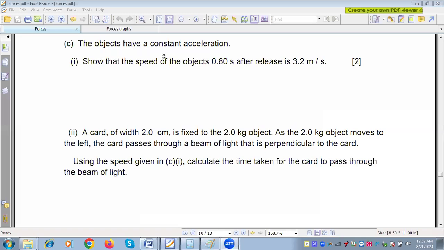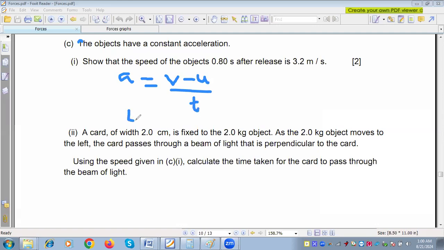The objects have constant acceleration. Show that the speed of the object 0.8 second after release is 3.2 meter per second. So here we will use the formula a equals to (v minus u) over t.